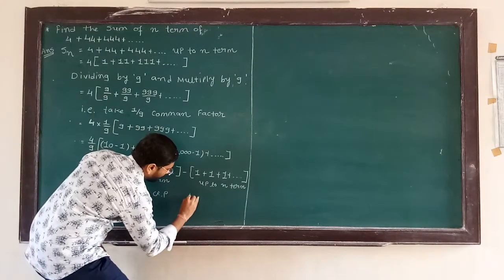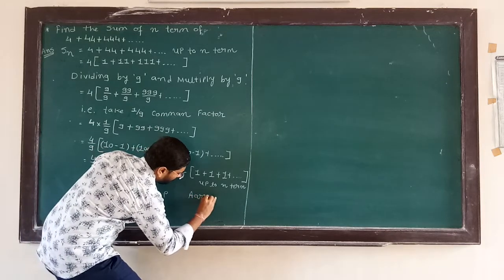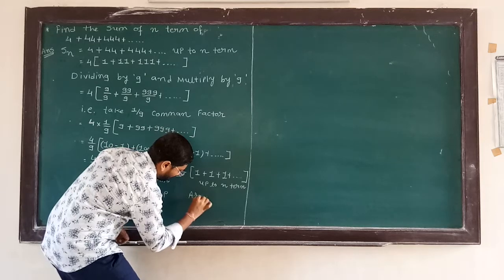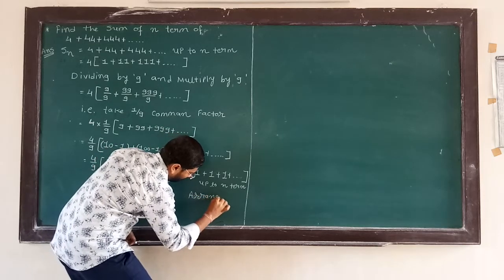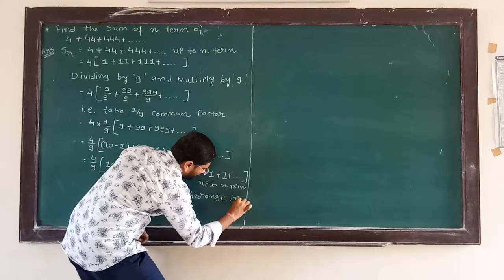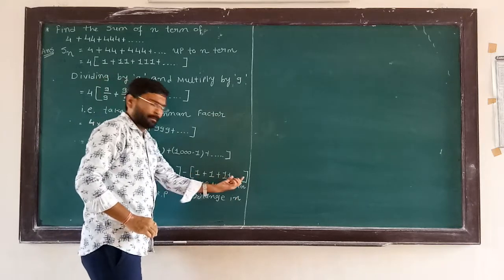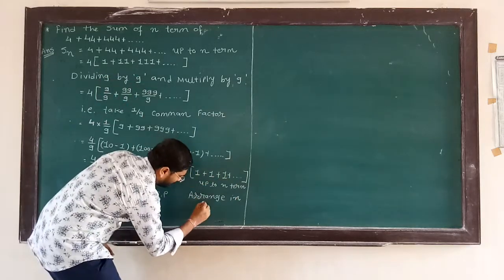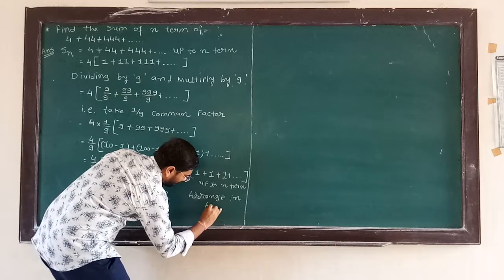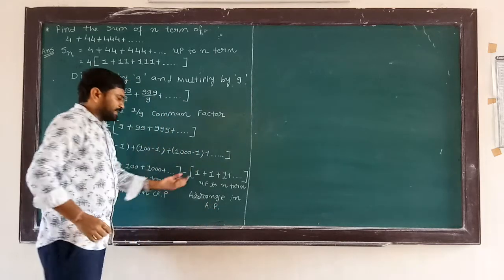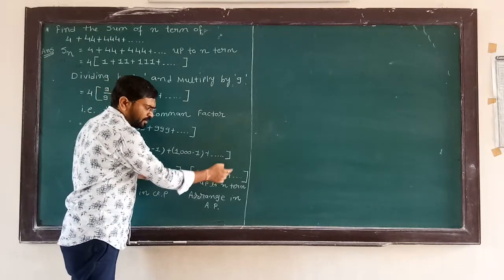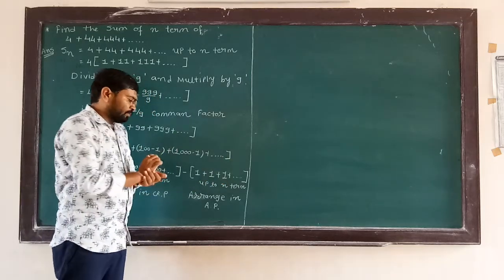In the other series the difference is common, that's why we arrange it in AP. See, here 1 minus 1 is 0, 1 minus 1 is 0, 1 minus 1 is 0.